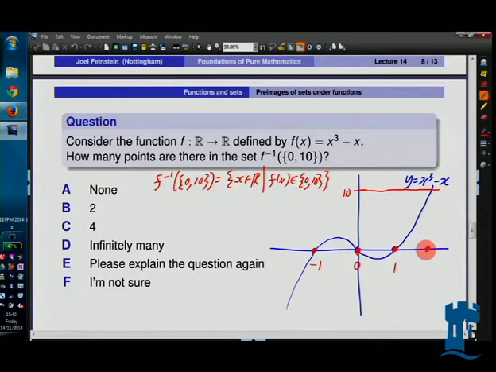And you can find that, certainly numerically, not so easy perhaps to find the exact solution. But those are the 4 points you need, and the answer is there are 4 solutions, because there are 3 solutions to f of x equals naught.